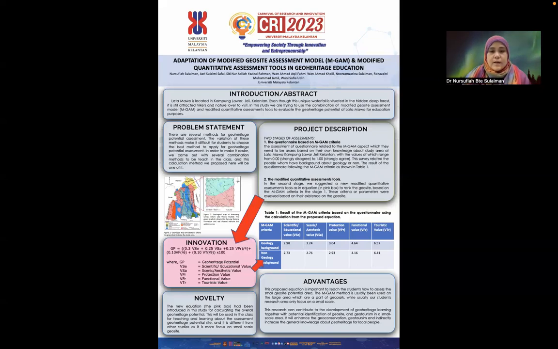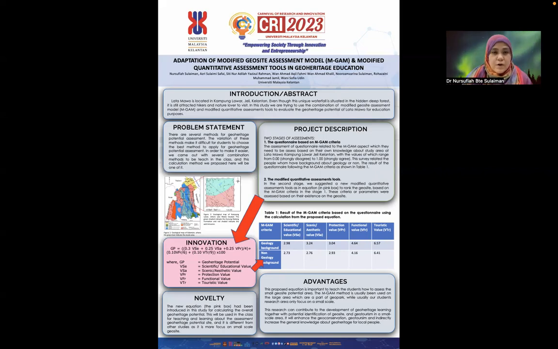The advantage is that this proposed equation is important to teach students how to assess small geosite potential areas. The MGAM method, like I mentioned, is usually used in large-scale areas, for example as part of a geopark.